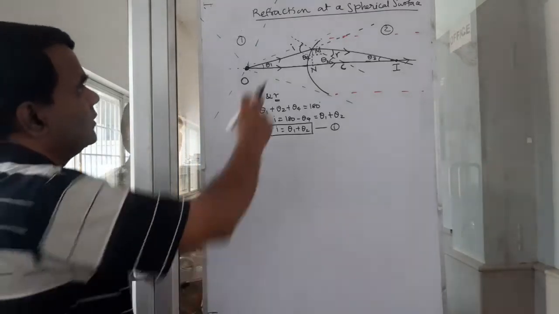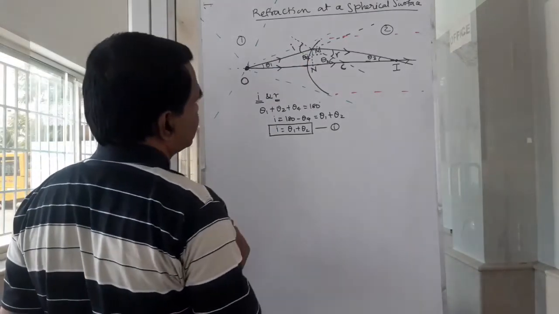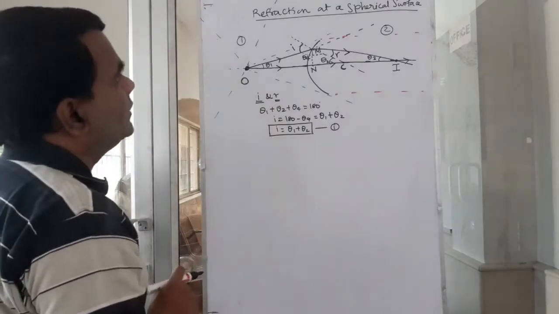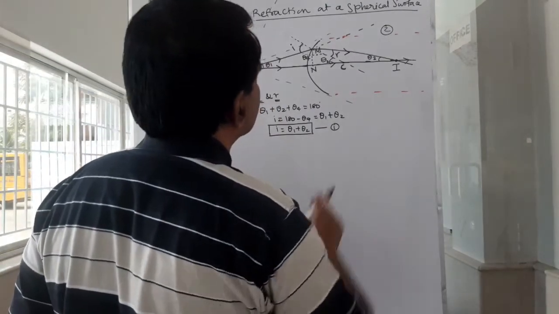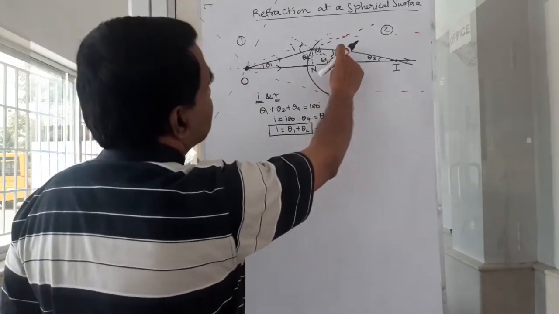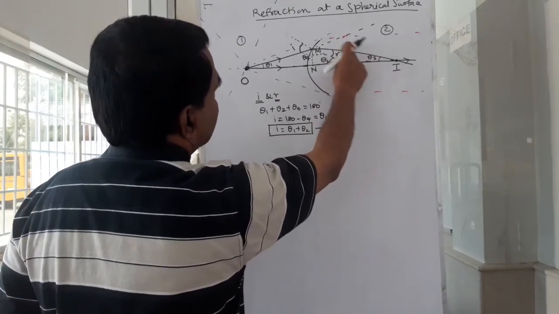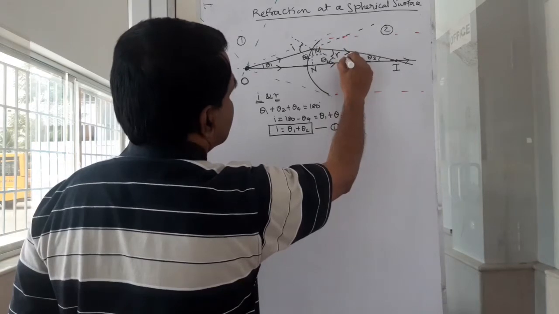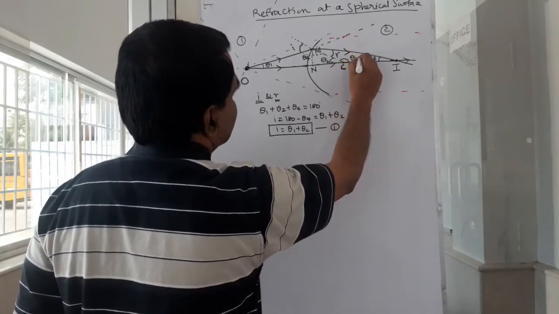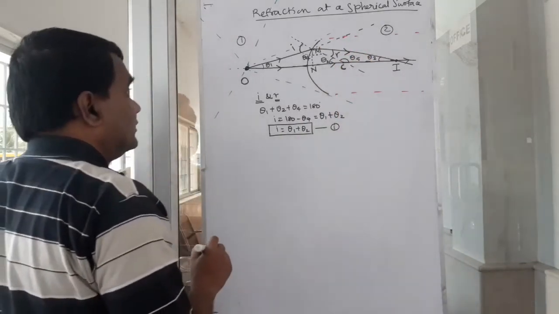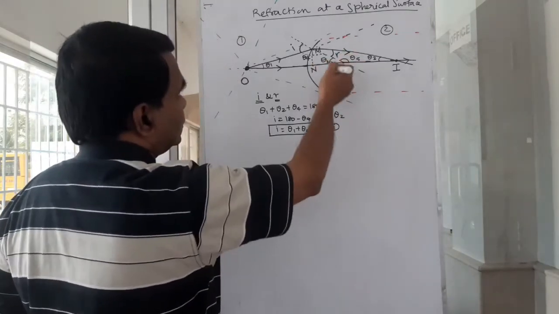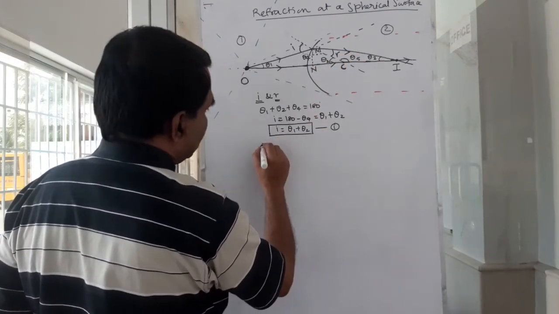Okay. Can I do the same thing for R? So R is actually, this is theta 3, or I'll call this angle theta 5. Okay. So what have we got here?